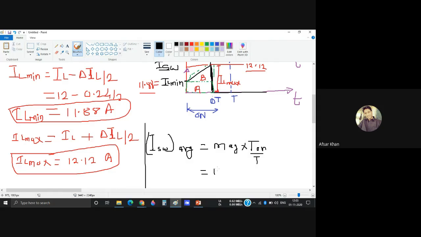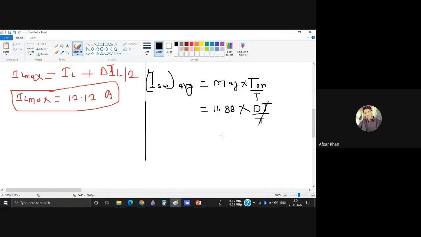Magnitude is 11.88 into on duration, which is D times T, divided by total duration T. This T gets cancelled.